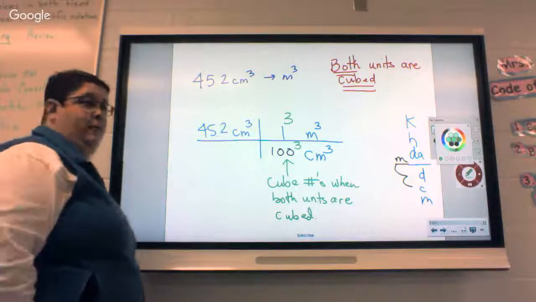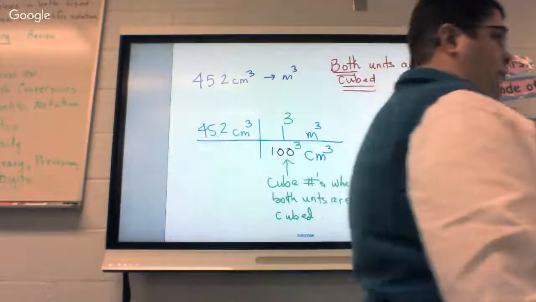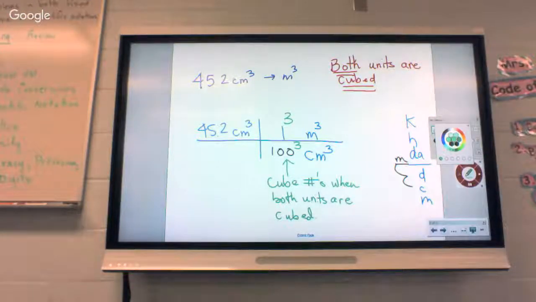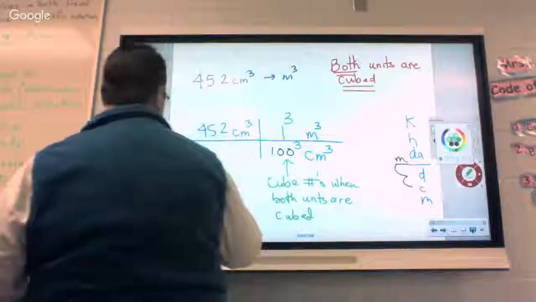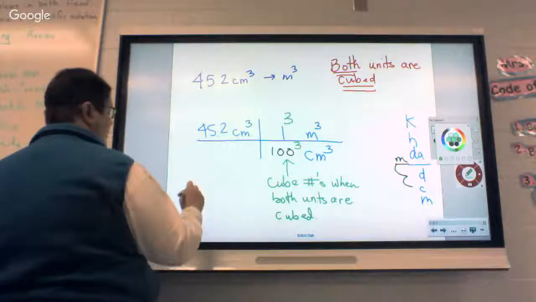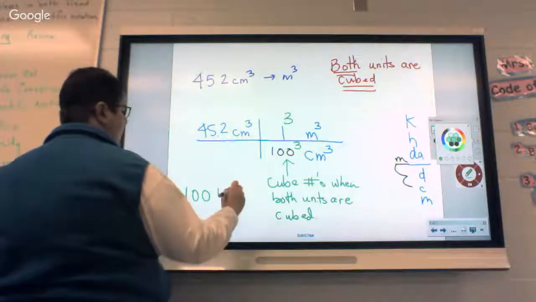Now, does everybody know how to punch that in your calculator? So, if we take our calculator, remember, cubing something is that up caret key, right?